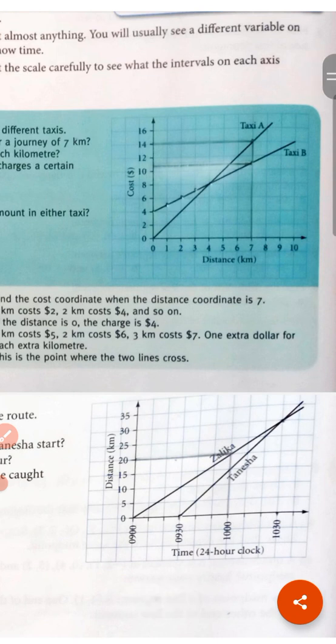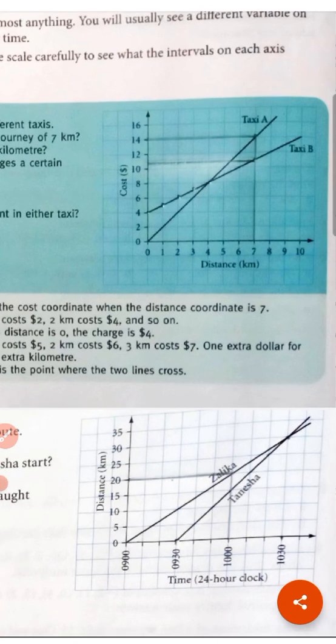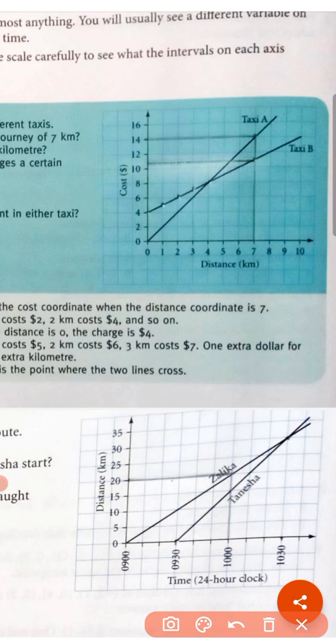So children, this is the graph of taxi A and this is the graph of taxi B. We are finding the charge of taxi A and taxi B for a journey of 7 kilometers.